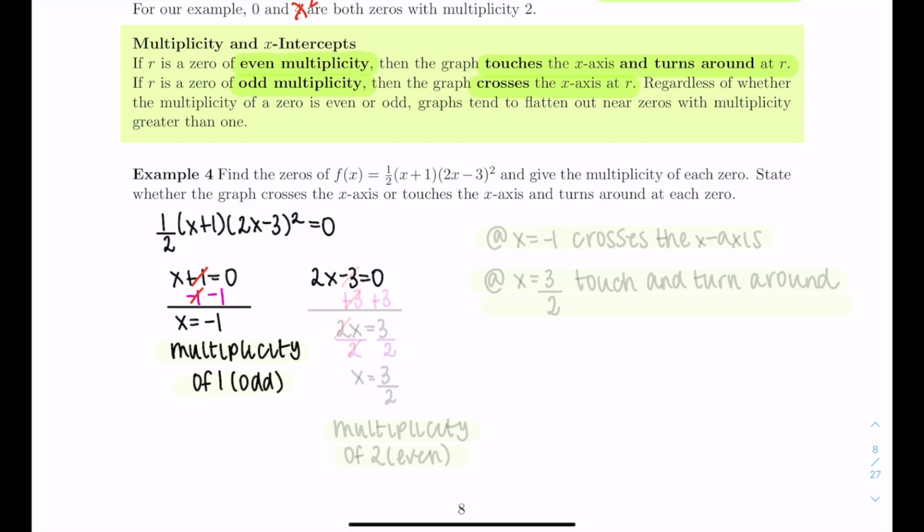The first thing we're going to do is add 3 to both sides. And so we have 2x = 3. And then we want to divide both sides by 2. And so we get that x = 3/2.